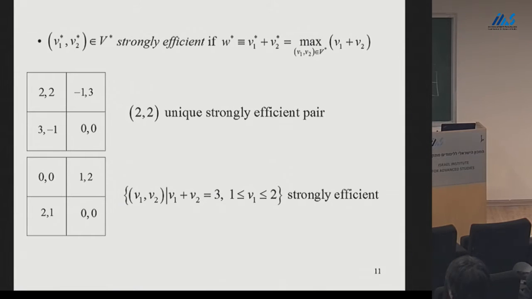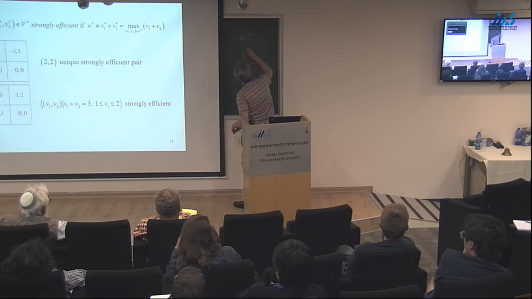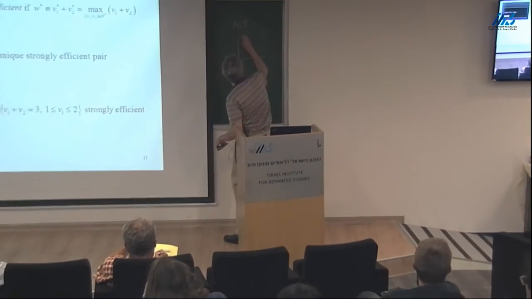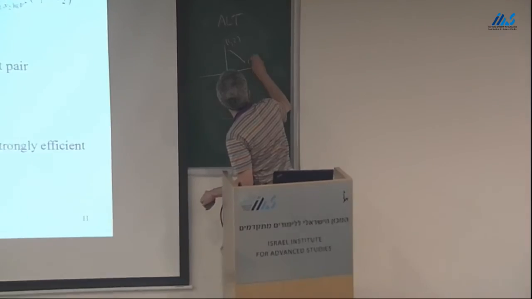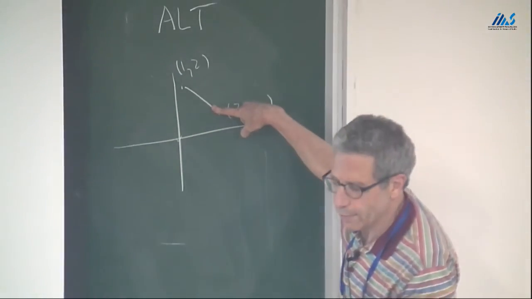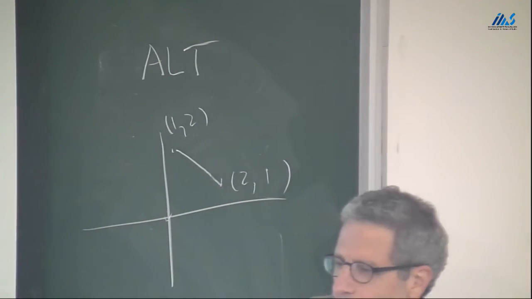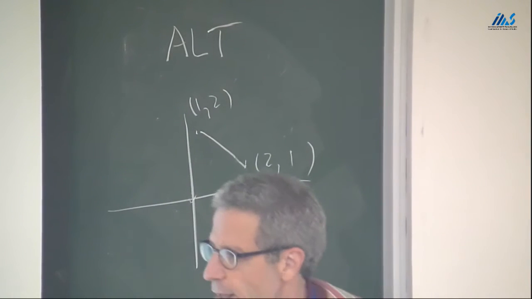The battle of the sexes has two vertices on the Pareto frontier.